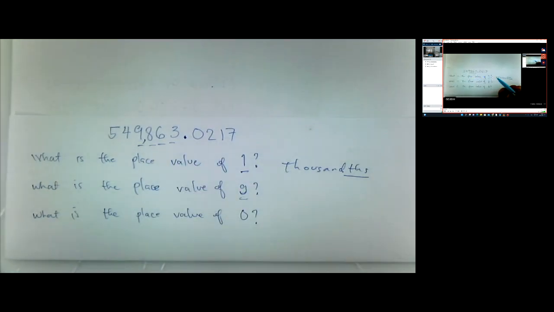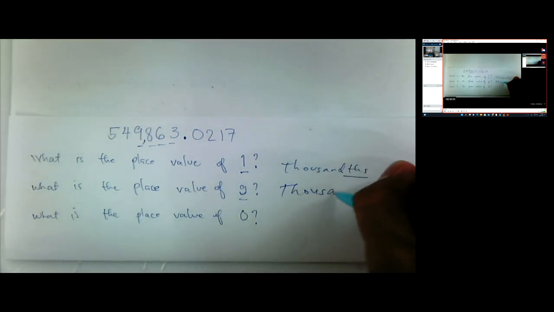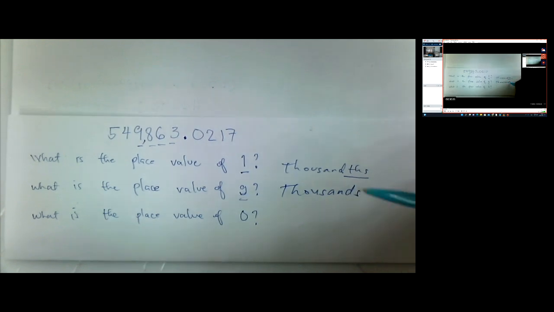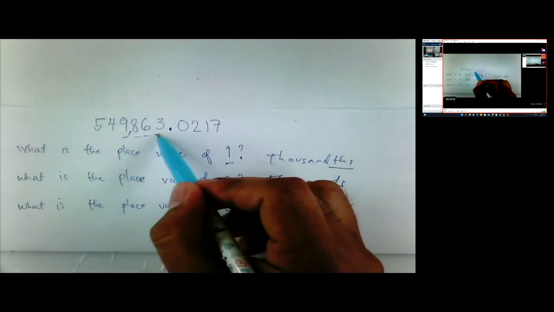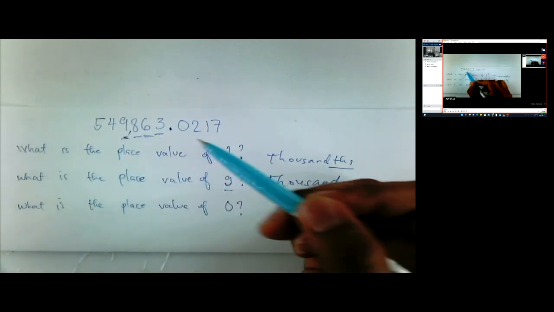The fourth number on the left. What is the place value? Who wants to help? What's the answer? Mister, what's the answer? Okay, the answer is thousands. Again, this is ones, tens, hundreds, thousands.